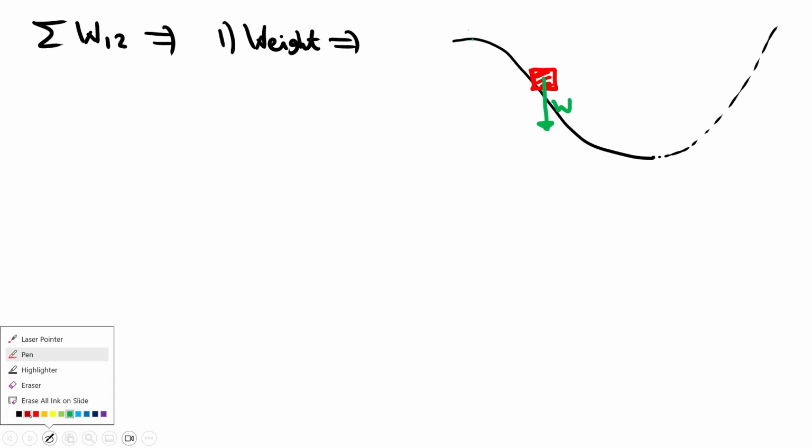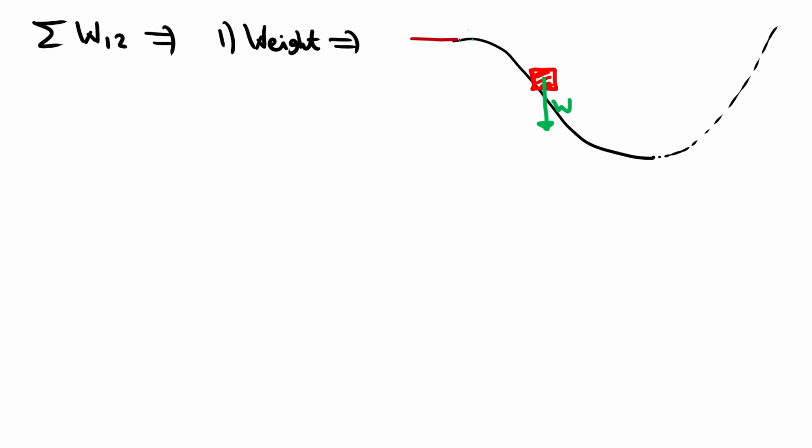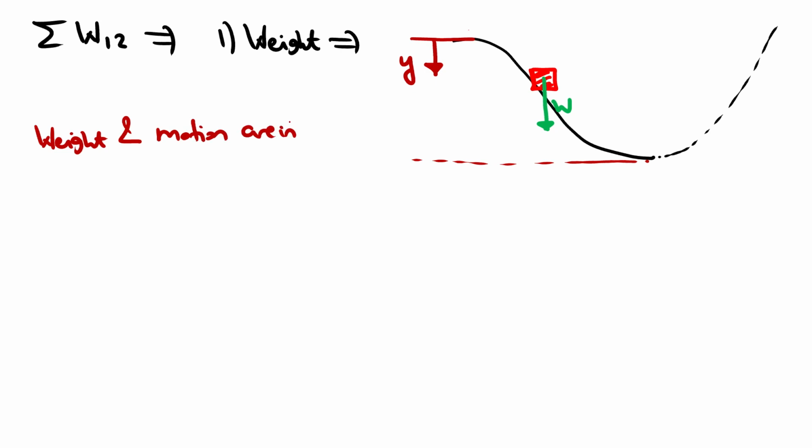So if I take my coordinate here, let's say that this is the coordinate y. Okay, and then at this point, if you just notice that the weight and the motion are in the same direction.